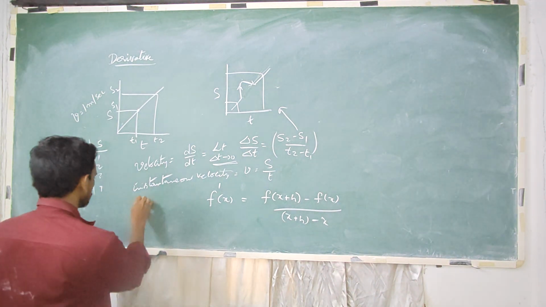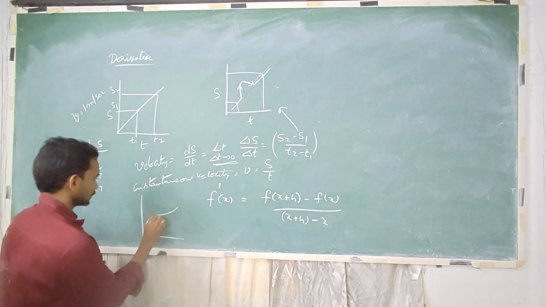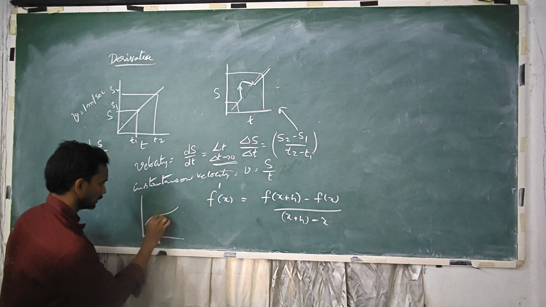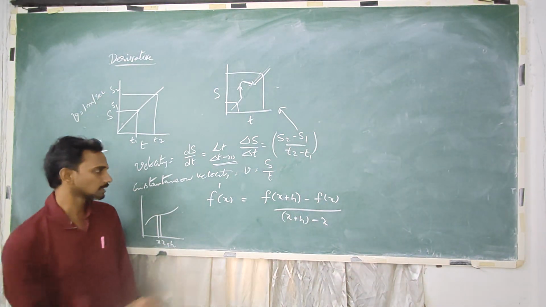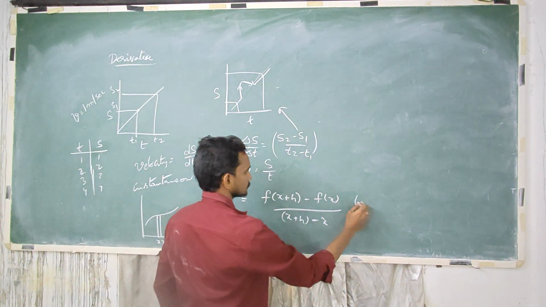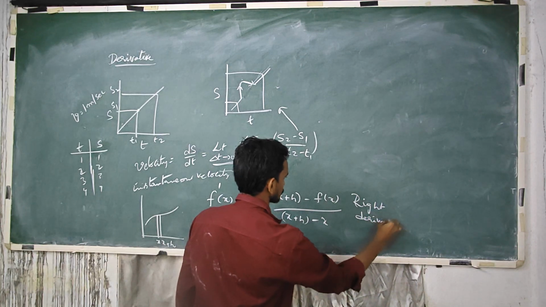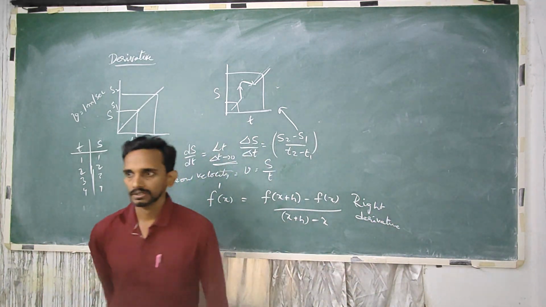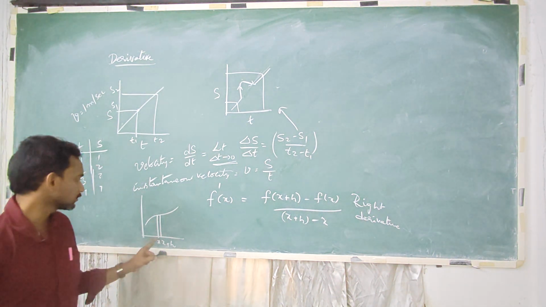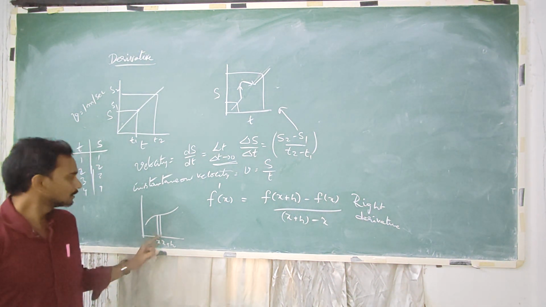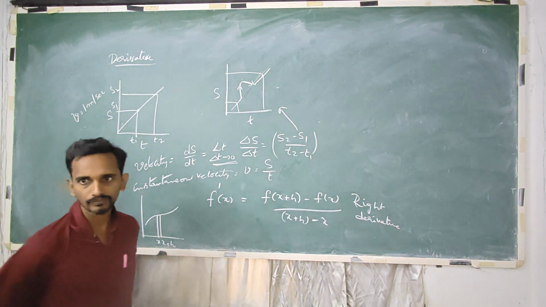So let's say for any curve, you're taking x and x plus h, a small interval. So this is called right derivative. So you're calculating the derivative by taking the interval to the right of the initial point. It's called the right derivative.